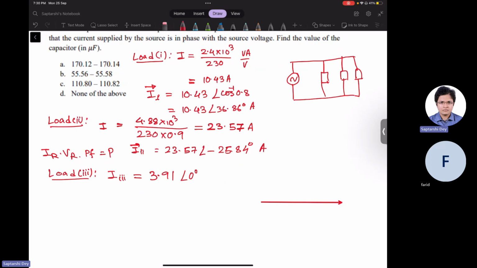Now we will draw the first current. First current I will draw with green. First current is leading. So it is somewhere here, and it's leading by quite a large angle. This is I1. This is V, supply voltage V. The second one is lagging, lesser angle but larger magnitude, somewhere here maybe.